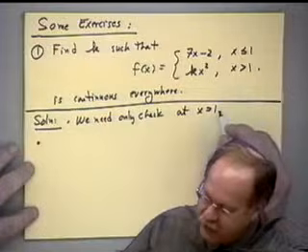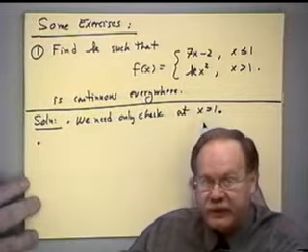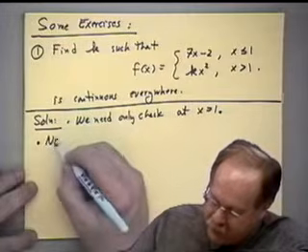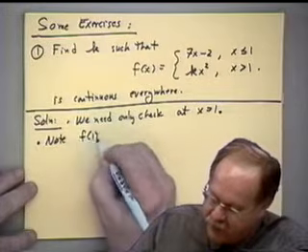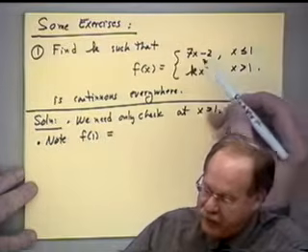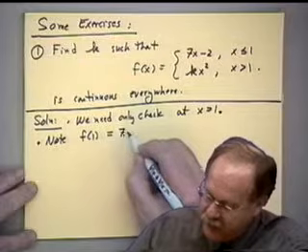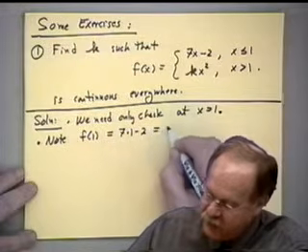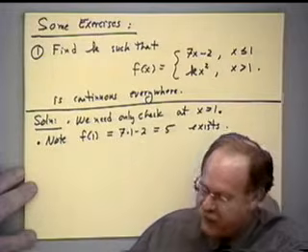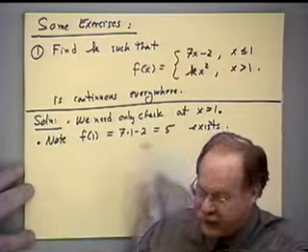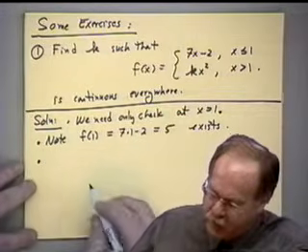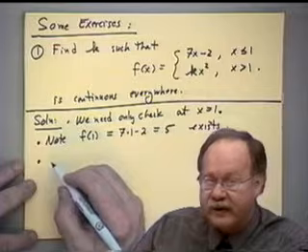Now, to check continuity at a given point, we need to check the three-part continuity test. So let's take it one by one. Note that if we evaluate the function at 1, let's see, 1 is part of the top, so that means I'd use this form. So that's 7 times 1 minus 2, which is 5. That certainly exists. So I've established the very first part of the three-part continuity test, that the functional value exists there. Now, we want to then check that the two-sided limit exists too.